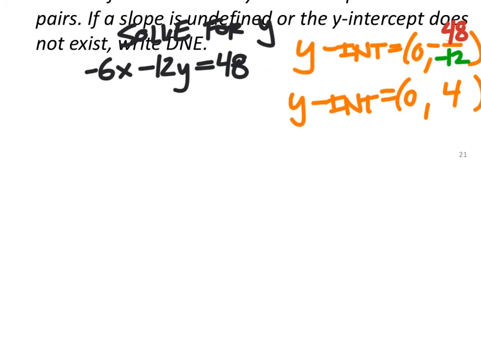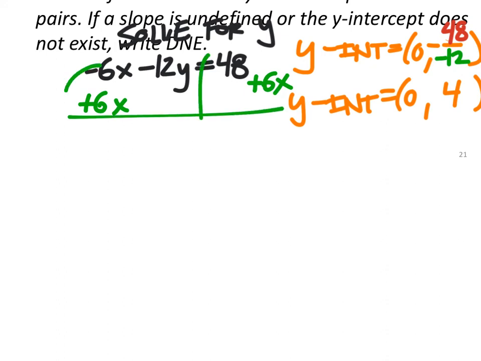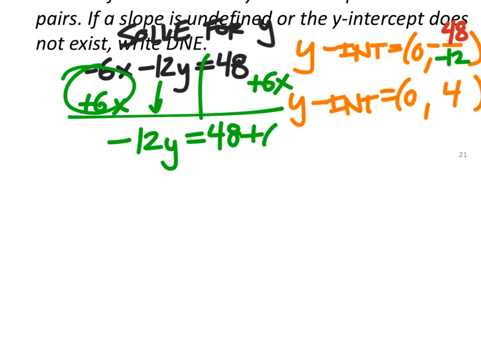You'd say, well, I have to get rid of that negative 6x, right? So add 6x to both sides. And 48 and the positive 6x, they're not like terms, so I can't combine those. This does zero out, and we'll drop this to make negative 12y equals 48 plus 6x. I know this was more than a unit ago, but hopefully it still makes sense.